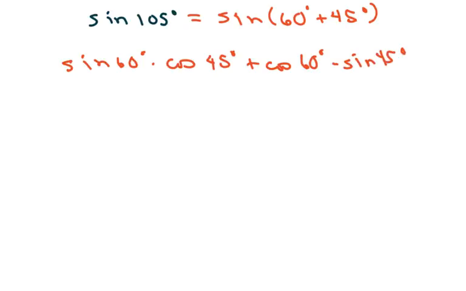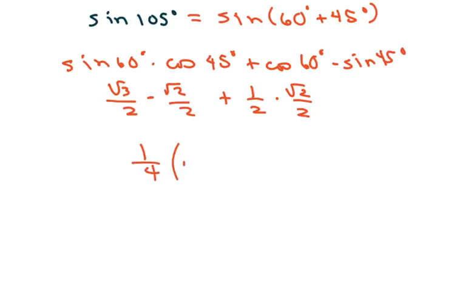And substitute, and you get square root of 3 over 2 times the square root of 2 over 2. They all look the same, don't they? 1/2 times the square root of 2 over 2. And you're going to get 1/4 times square root of 6 plus square root of 2.